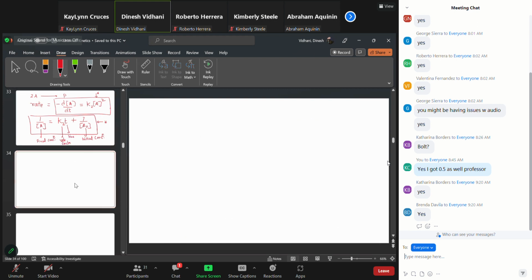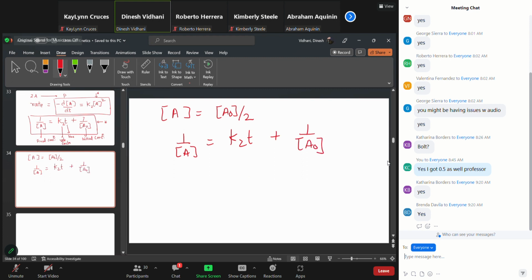Now, if I want to find the half-life for the second order reaction, let's see what is happening. Suppose A equals A0 by 2. Let's see what happens if I incorporate that value in this equation. So 1 over A equals K2 t plus 1 over A0. Since A is A0 by 2, I can say 2 over A0 equals K2 t plus 1 over A0. Now we are dealing with a half-life, so that's going to be t half.